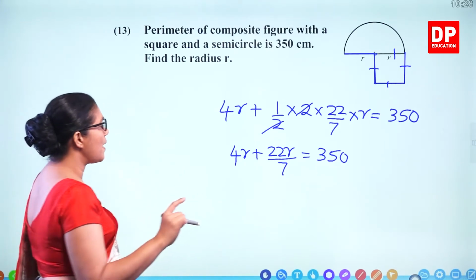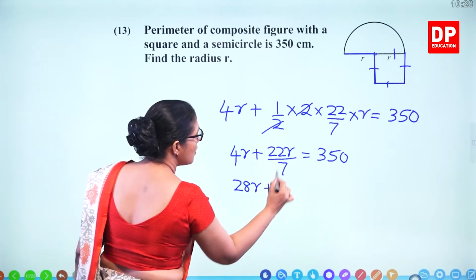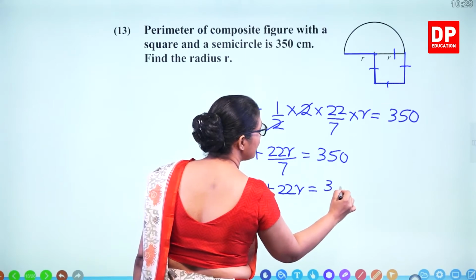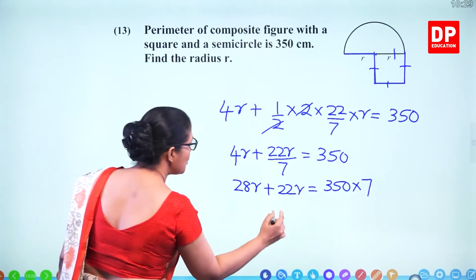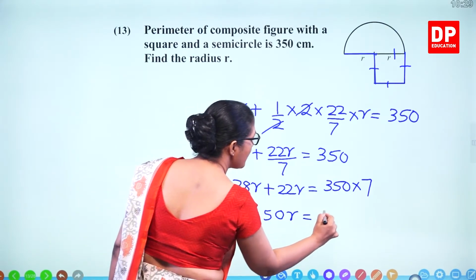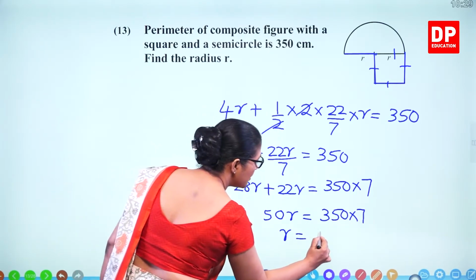Multiply all terms by 7. 7 times 4, 28r. 22r, 7 gets cancelled out. 7 times 350. Now 28 and 22, when you add it, that's 50r equals 350 times 7. So what's the r value?